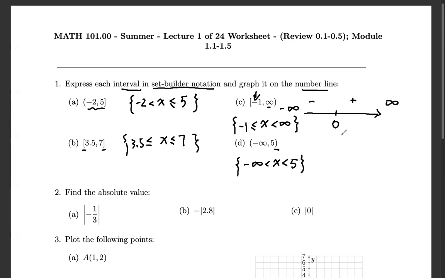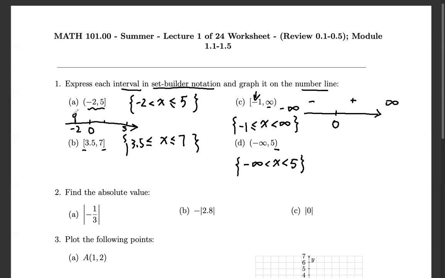And the corresponding graph, so let's graph each one of them. So we have -2 and 5. So let's see, 0 is here, -2 here, then +2, so 5 is about here. Open parenthesis, no equal sign here, indicates empty circle.